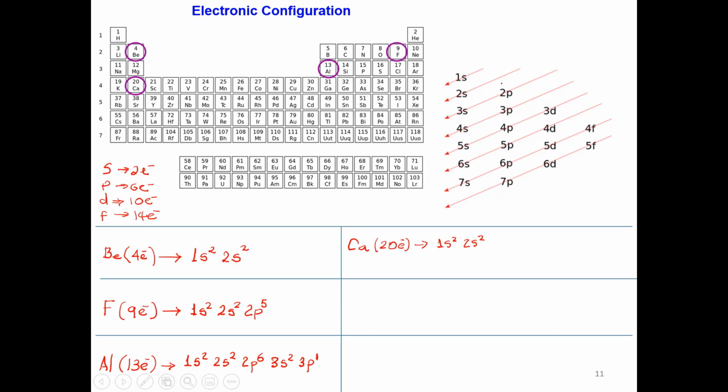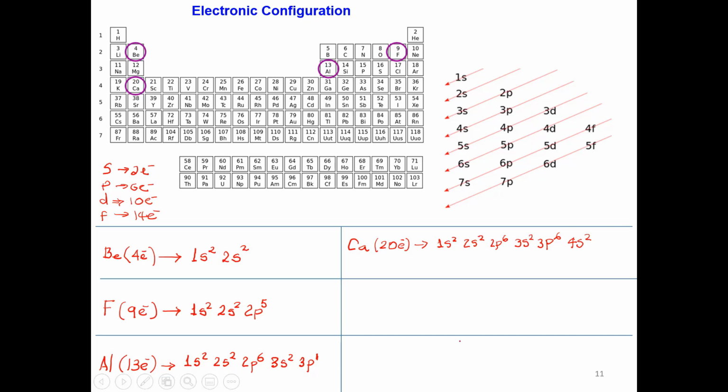The next, in this direction, always 2p6, then 3s2, and we will fill all these shells, orbitals, until we complete 20 electrons. Then 3s2, then 3p6, then 4s2.